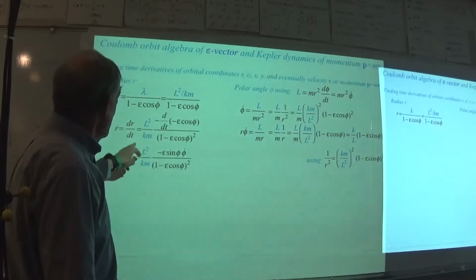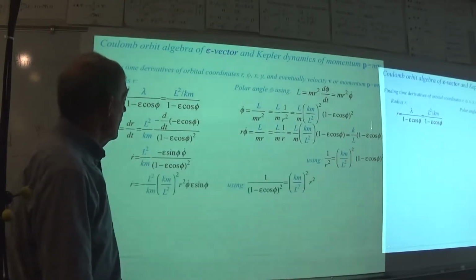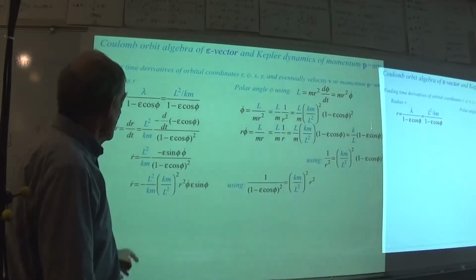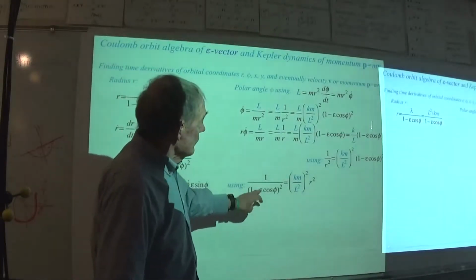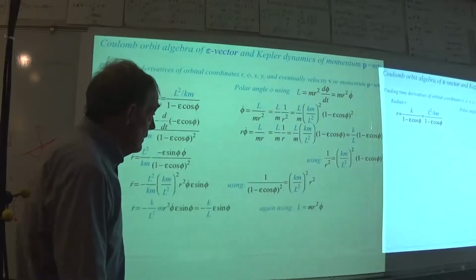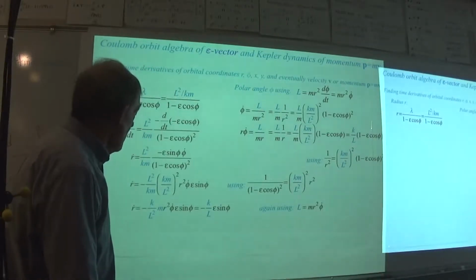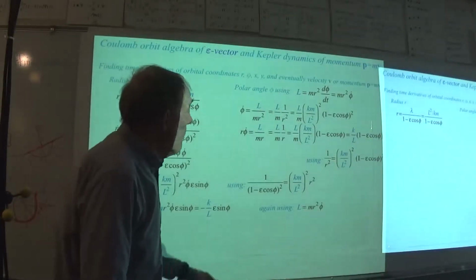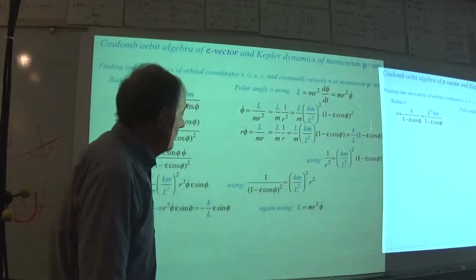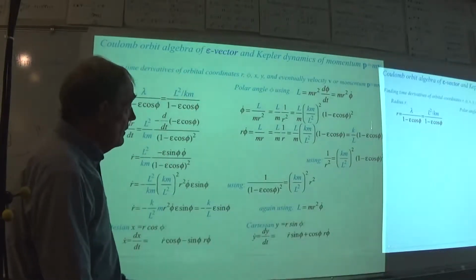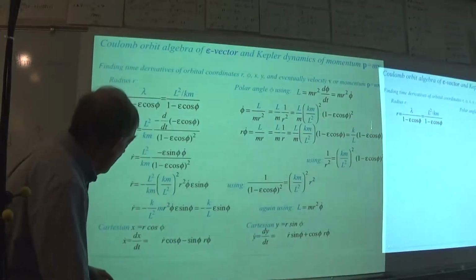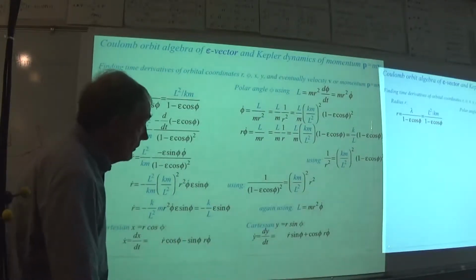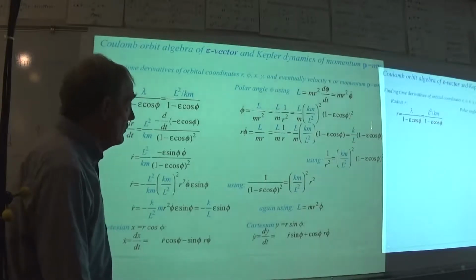The r dot that we have here works out fairly nicely. So we want to make use of some of those things using the square of our actual orbital equation. So we end up with a thing that looks like this. And we'll be getting something that gives us an x and a y coordinate equation, here, of course, using the polar angle definition of it.